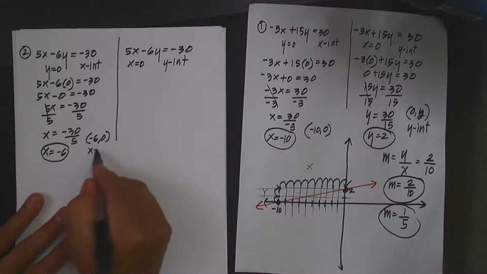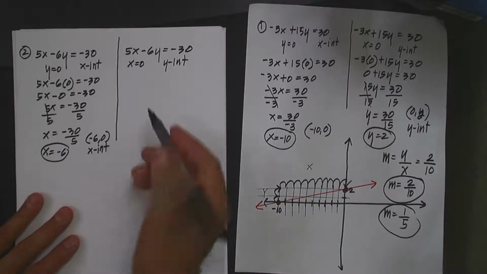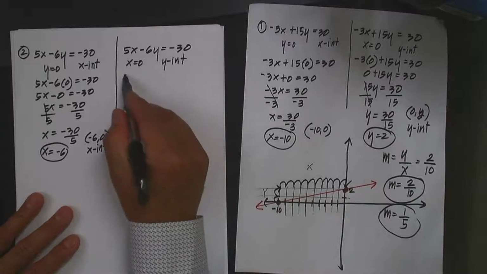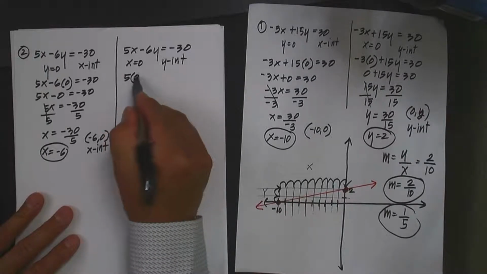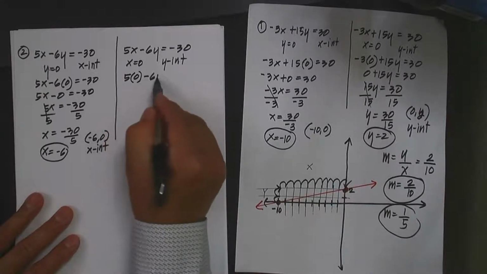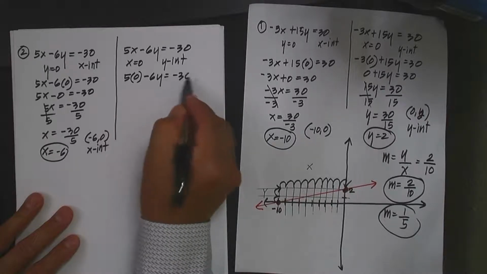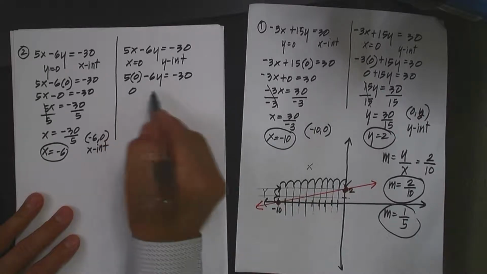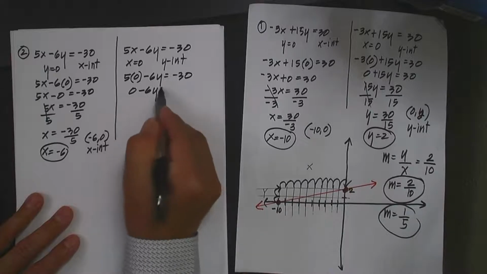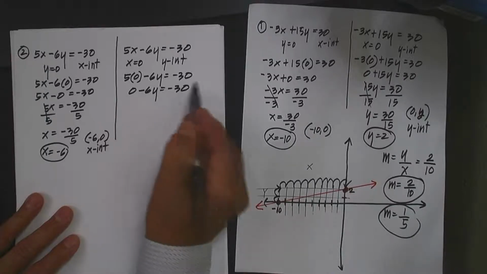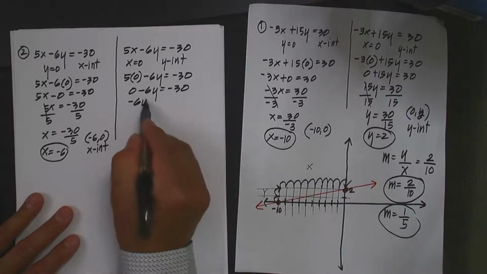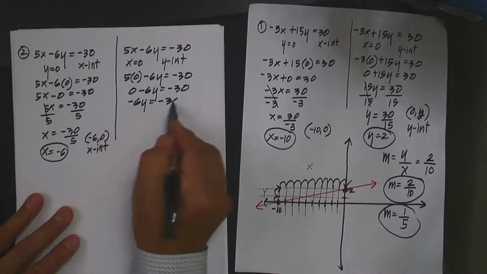That is your x-intercept. Next, for your y-intercept, substitute your x with 0: 5 times 0 is 0, minus 6y is equal to negative 30. You got negative 6y is equal to negative 30.